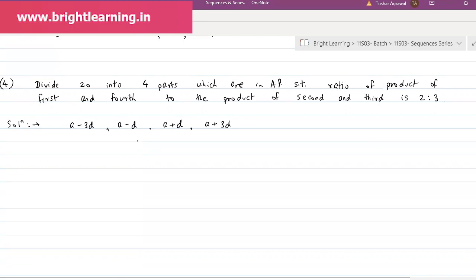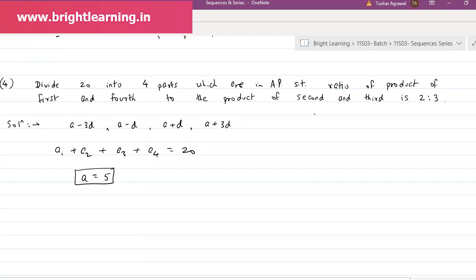So the first condition: a1 plus a2 plus a3 plus a4 equal to 20. If I just add this, it is 4 times a. 4 times a is equal to 20, so the a that we have taken turns out to be equal to 5.